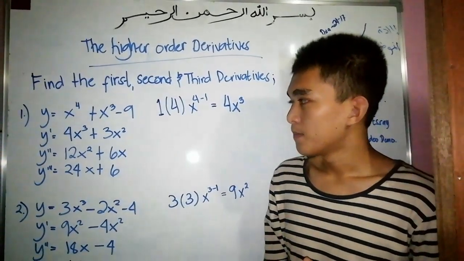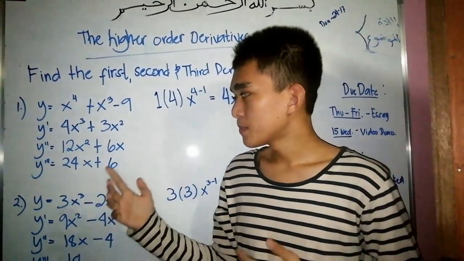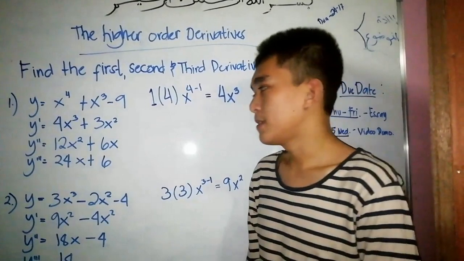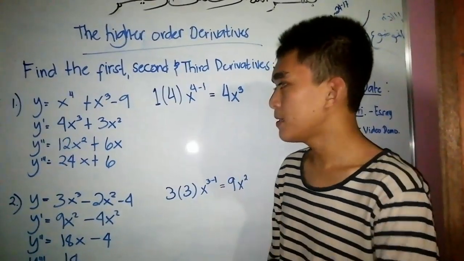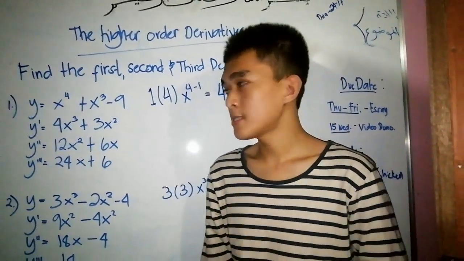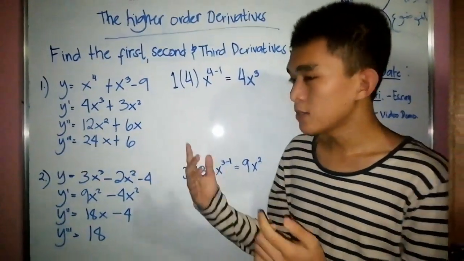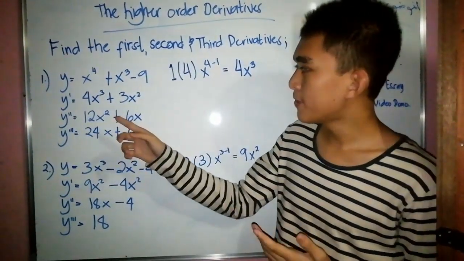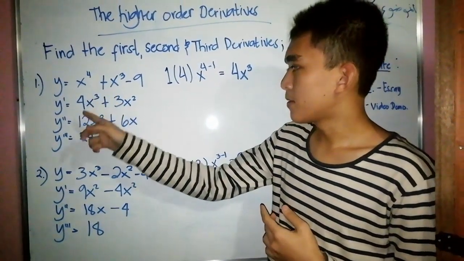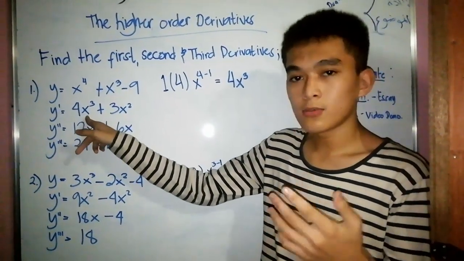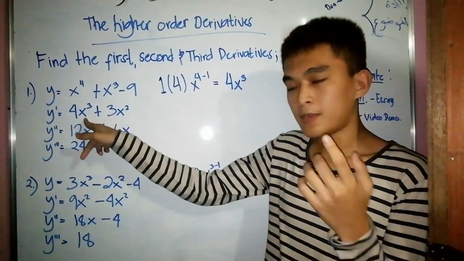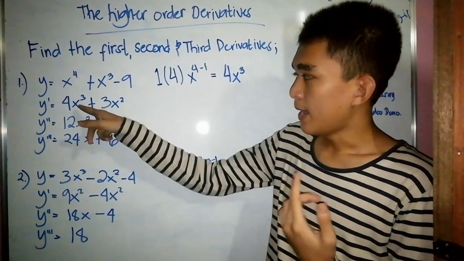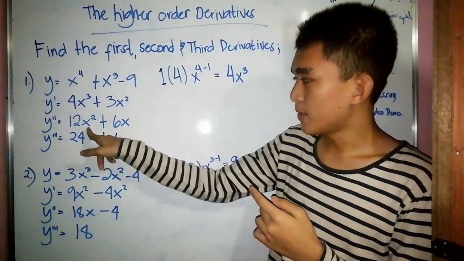We're going to proceed to the second derivative. The second derivative is the same process as the first derivative. We're going to multiply the 3 from 4, so 4 times 3 is equal to 12. Then we subtract 1 from the exponent, so x cubed becomes x squared.